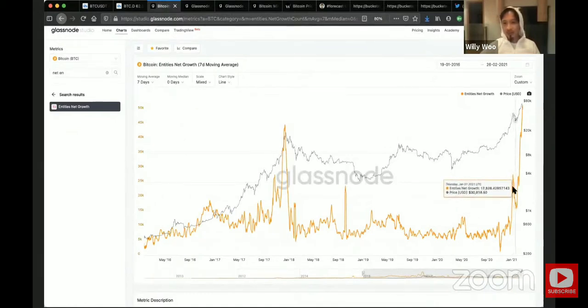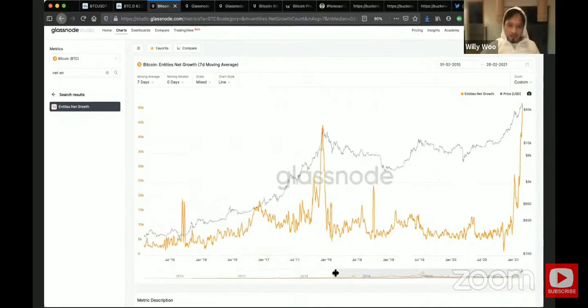This is moms and pops and brothers and sisters and the taxi driver coming in, and they're buying in. Retail came in the last cycle around Octoberish of 2016.